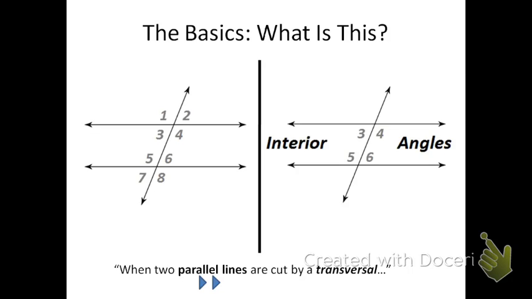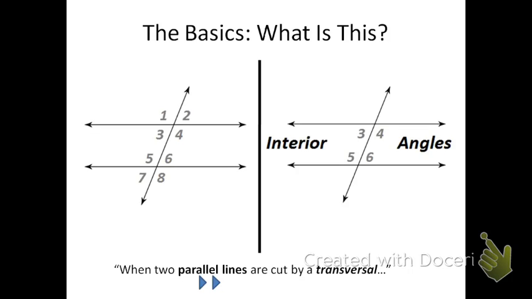Now, if you have two lines that are running along and they have a transversal, they will form 8 angles. For these lessons, the images are going to be shown as if they are parallel, so that's what we're going on for today.